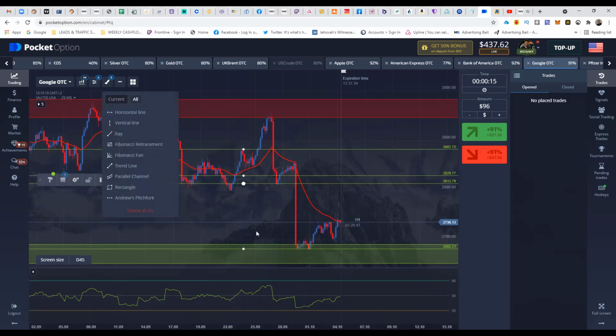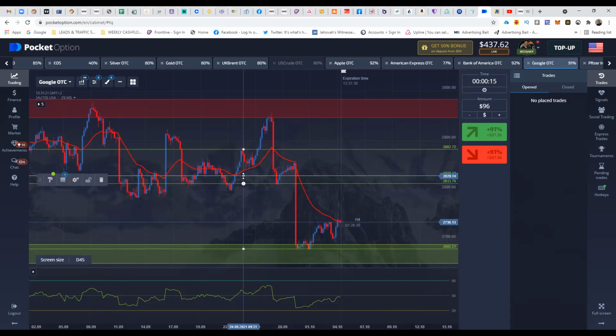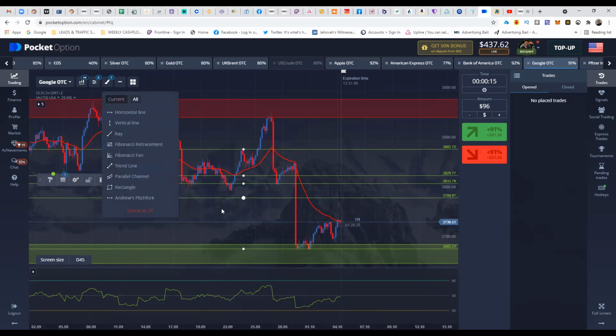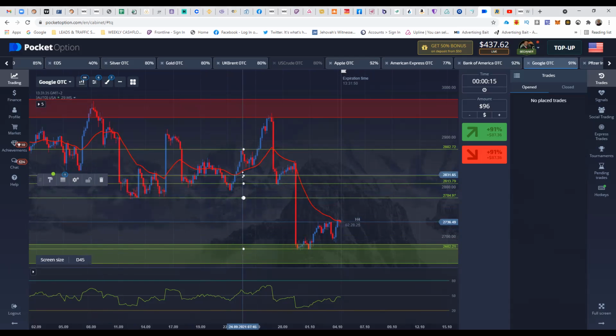And we're going to take another one. And I can see another one down to this body here. Then I can see another one interacting with the wick, I would say here.